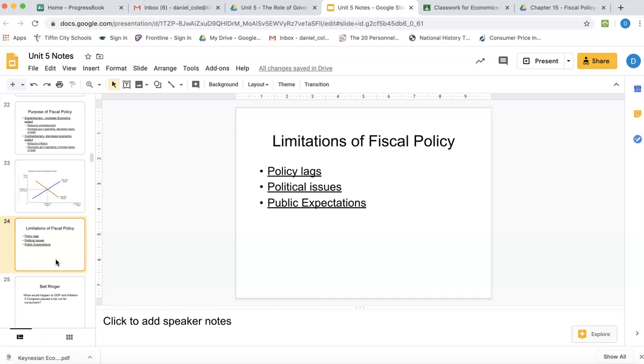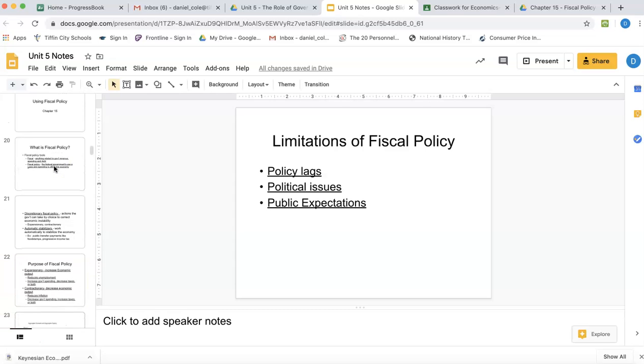It's not something that can fix a recession overnight, right? It's not like all of a sudden Trump's $1,200 check comes and everybody's happy again, right? These programs take a long time to start getting the economy rolling again. And you'll see that we have faster ways of doing it than fiscal policy, and that's one of the downsides of it. So that's a quick little recap of some basics of fiscal policy.